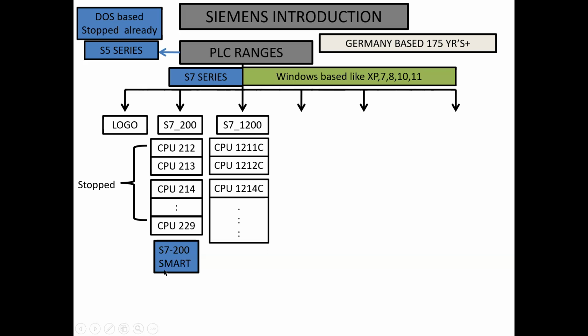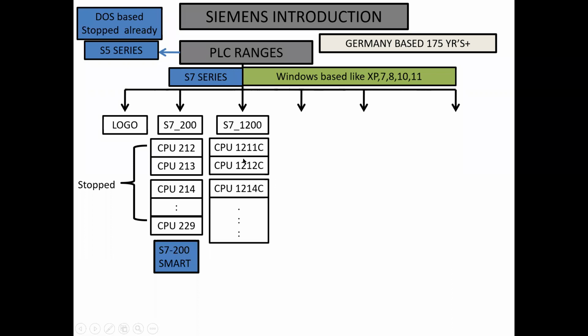So they launched this series with the same software, Microwin upgraded as Microwin Smart, and launched this CPU. Now in many industries they are upgrading the 200 series to the 1200.